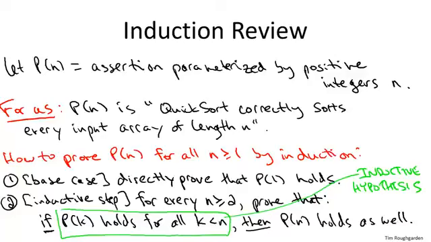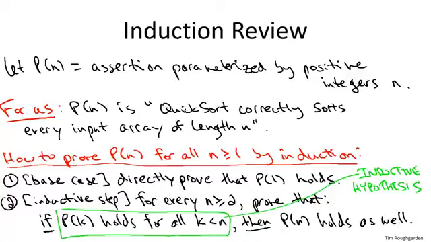So for any given n that you care about, you just start from the base case, P of 1 holds, then you apply the inductive step n minus 1 times, and boom, you've got it. So you know that P holds for the integer n that you care about as well. And that's true for arbitrarily large values of n. So those are proofs by induction in general.